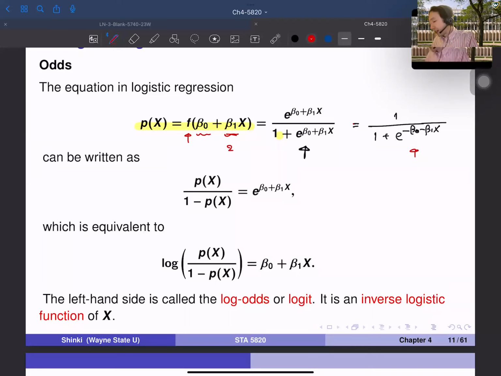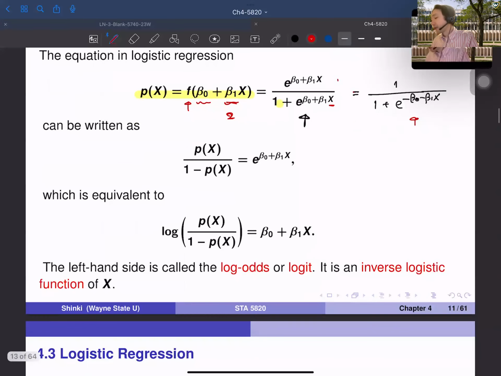A positive beta 1 means larger x implies larger probability. So we have some weak relationship between y and x, but it's not clear what exactly beta 1 means. So we want to interpret that, and we transform this function.